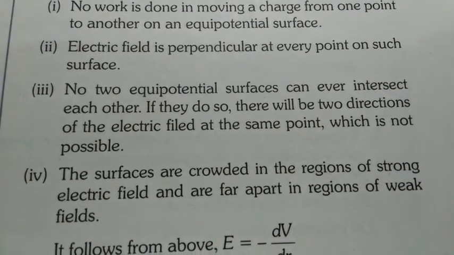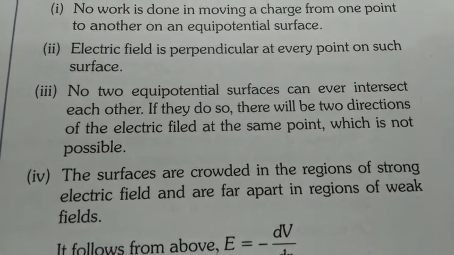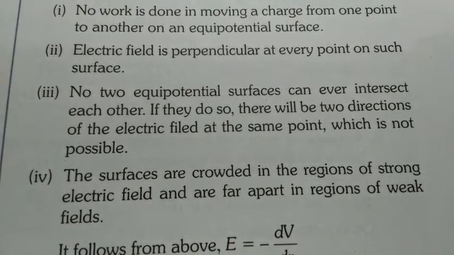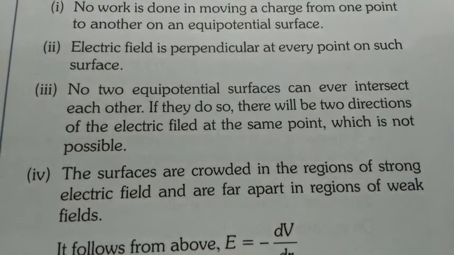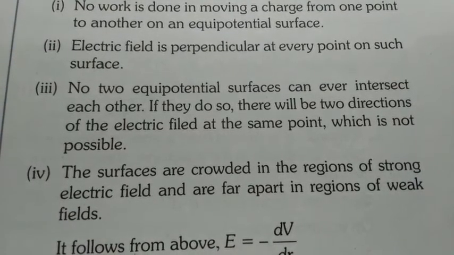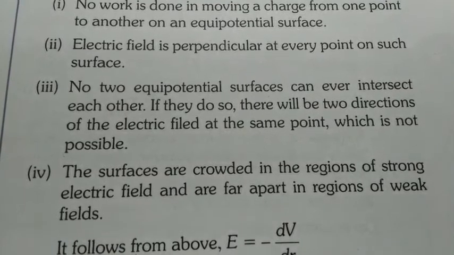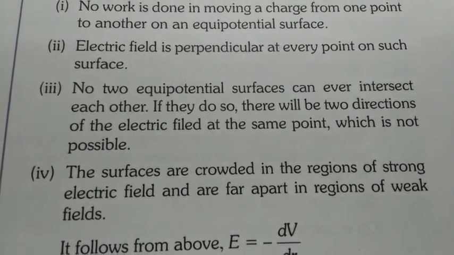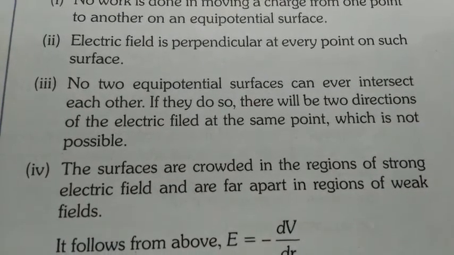As we have already discussed, equipotential surfaces and the electric field are perpendicular to each other. So if two surfaces cross each other, with one surface the electric field will be perpendicular, but for the second surface the same case will not be there, which is not possible. That's why no two equipotential surfaces can ever intersect each other.